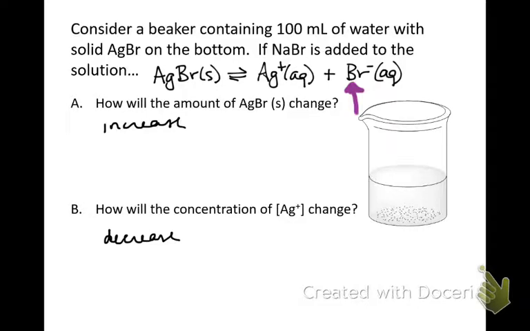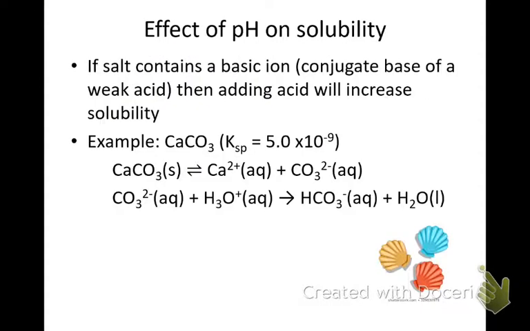So we're increasing the Br- concentration. If we increase the concentration of a product, that is going to shift the equilibrium toward the reactants, which means we're going to precipitate more silver bromide, and in order to do that, we're going to use up some of the Ag+, and thereby decrease its concentration in the solution. Okay, so that was the common ion effect.